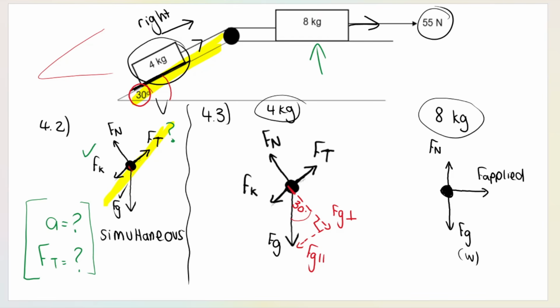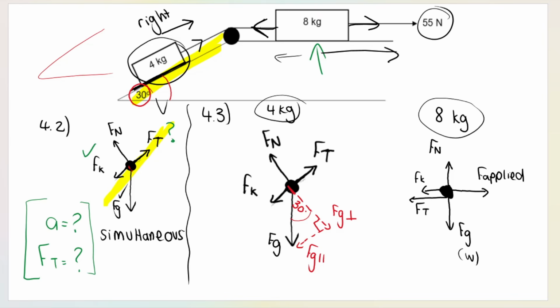The reason why is because there are 2 forces acting to the left for the 8 kilogram block. I hope you can see what those forces are. The 2 forces acting to the left for the 8 kilogram block are friction. Why? Because the block moves to the right, friction always acts in the opposite direction of motion, and we have tension, Ft.